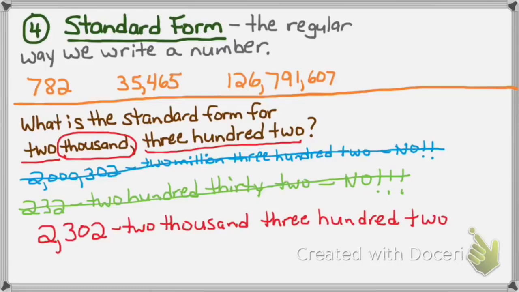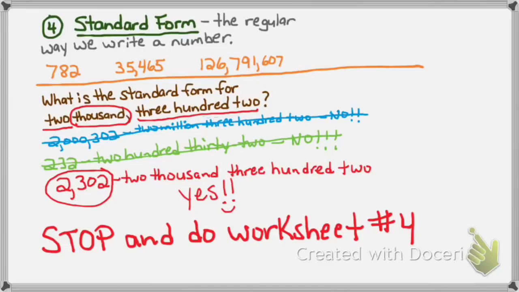And is that what it asked me to write? 2,302? Yes, it did. So the standard form 2,302 is the correct standard form for two thousand, three hundred two. Please stop and complete worksheet number 4.